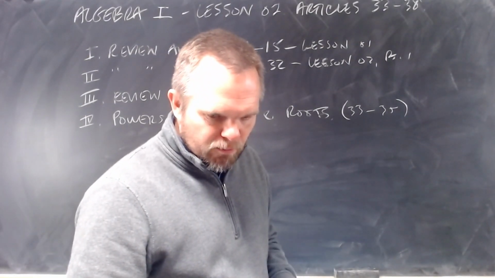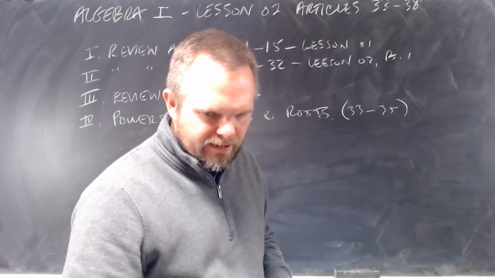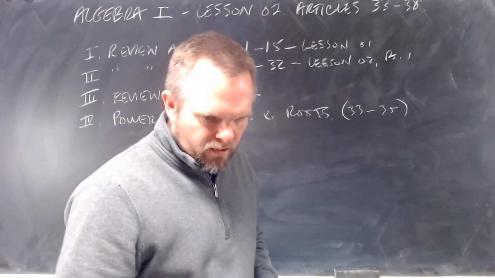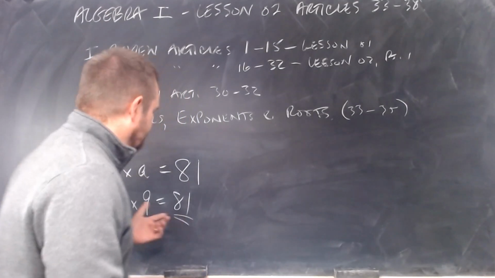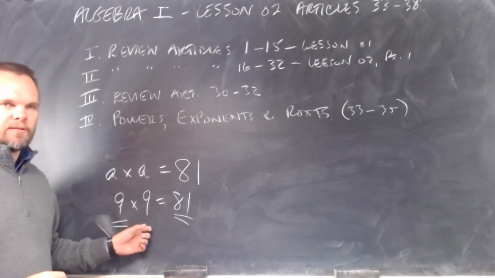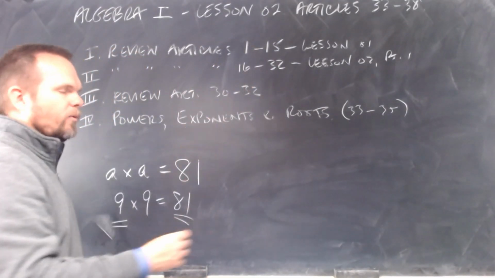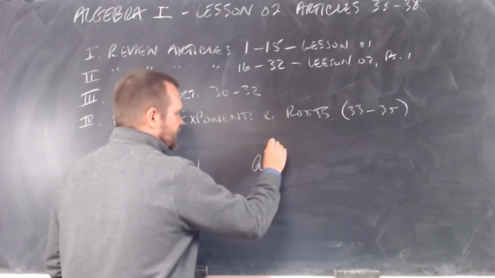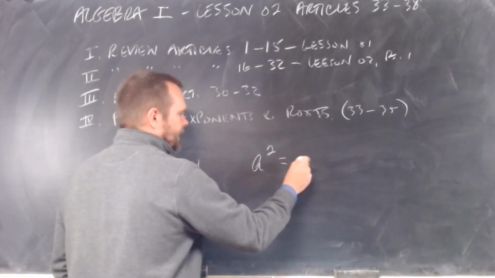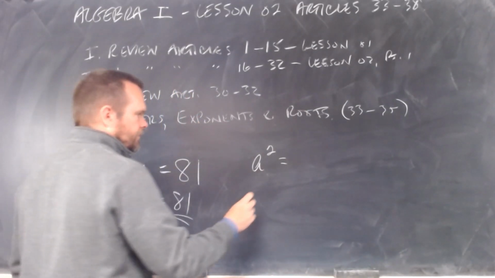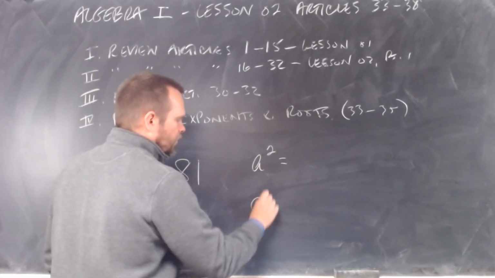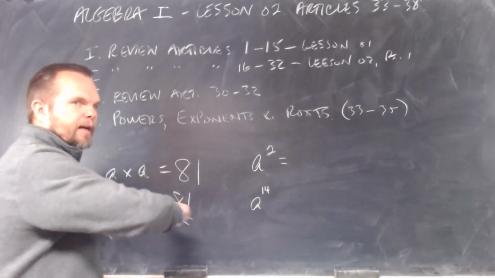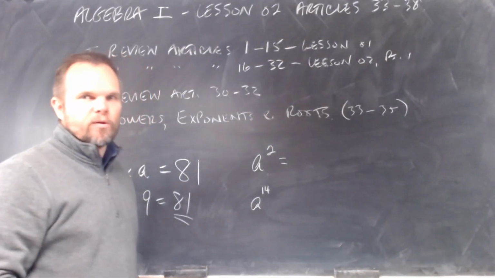And when we find a root, our book tells us that's called extracting the root. Article 37 teaches us how to write this. If I write a to the second, that means a to the second power. If I write a to the 14th, that means a to the 14th power, a taken as a factor 14 times.